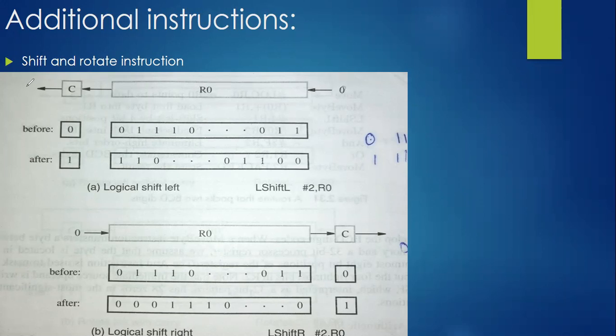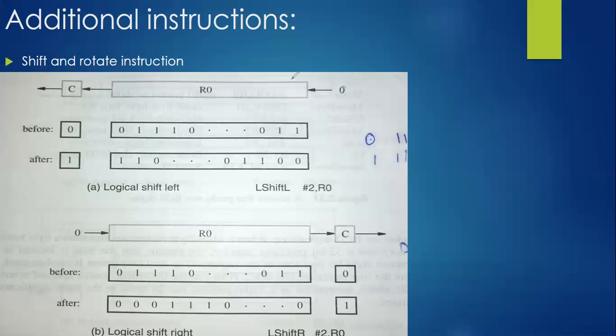It depends on what kind of arithmetic operation we are performing. Forget about this for now, because when we discuss module number 4 you'll have better knowledge of when to consider the carry and when to ignore the carry out. We'll discuss it in module number 4.